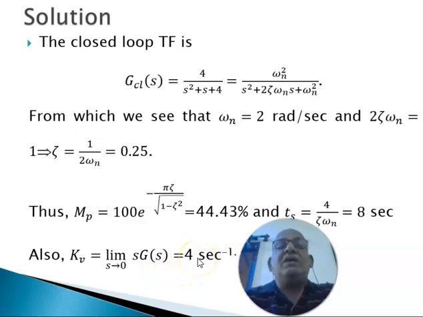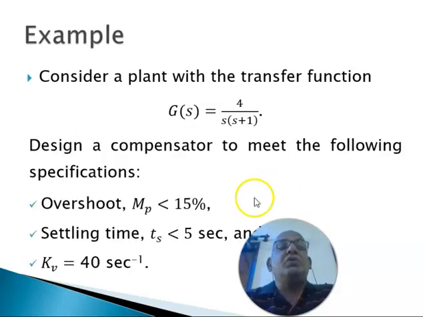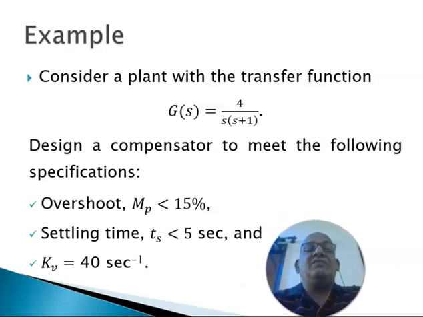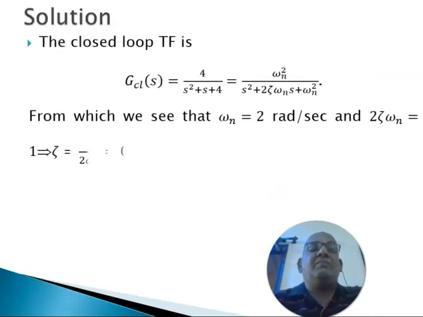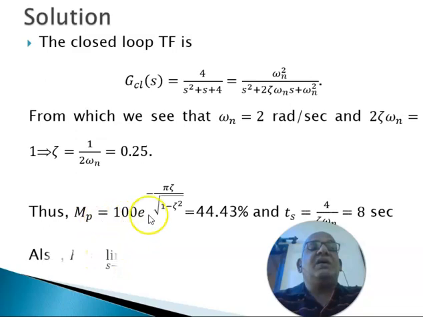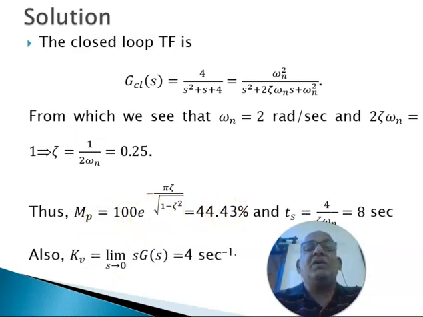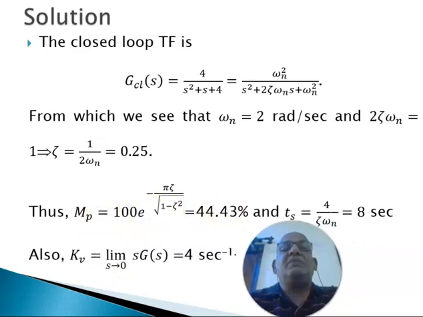So we see that we required a peak overshoot of less than 15%, settling time less than 5 seconds, and Kv to be 40. These things obviously are not met. We have an overshoot of 44.43%, which is greater than 15.